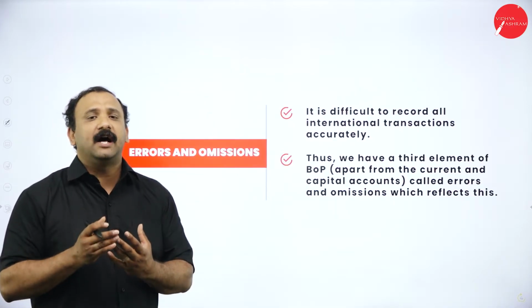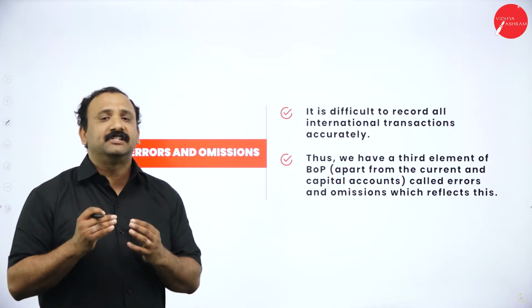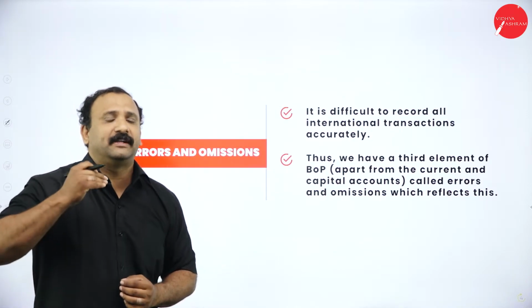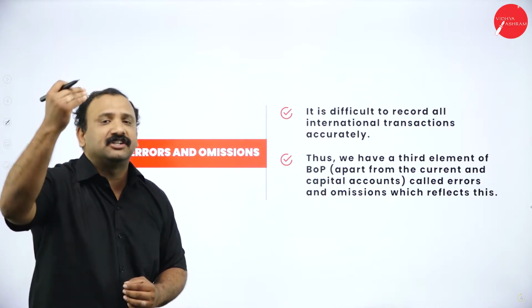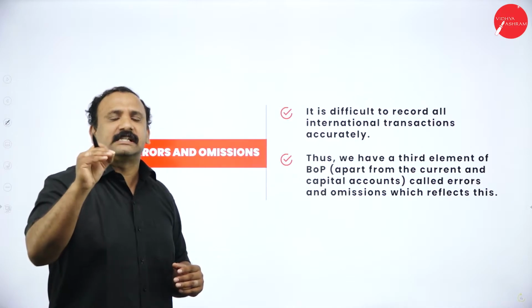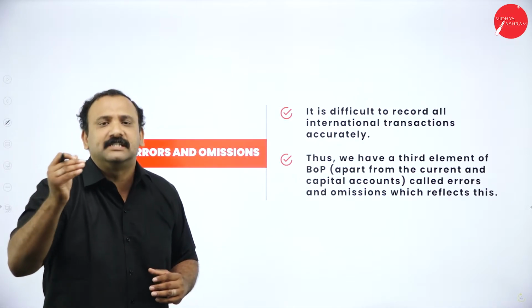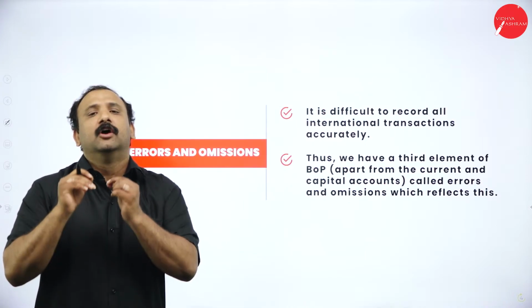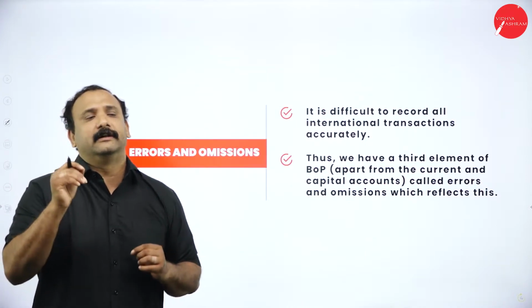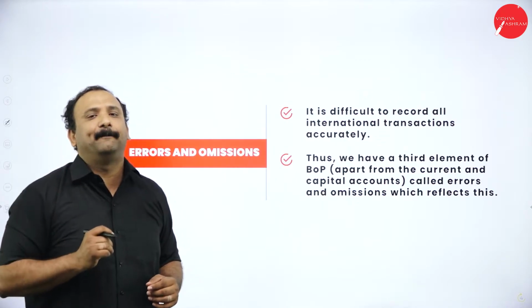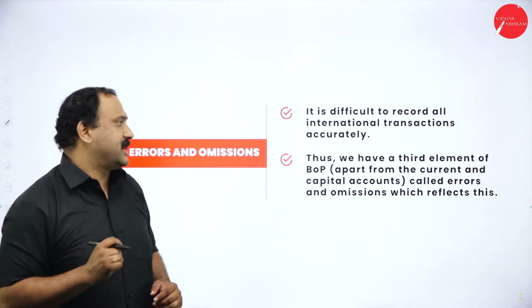Many times people might have done some international transaction from country to country, but there might be a slight miss because I might not have recorded each and every dollar or each and every rupee clearly. So there might sometimes be omissions in international transactions.